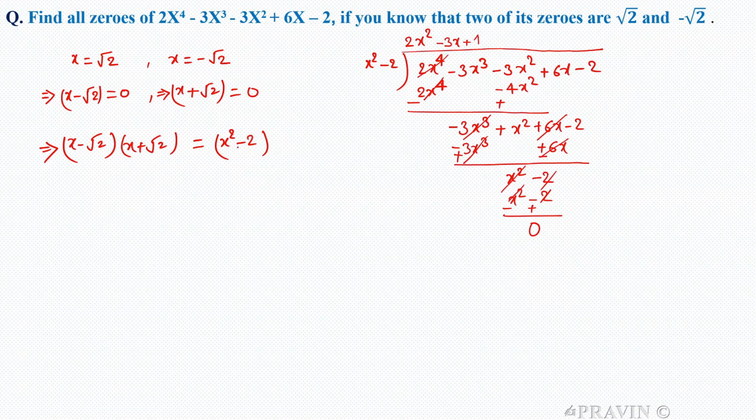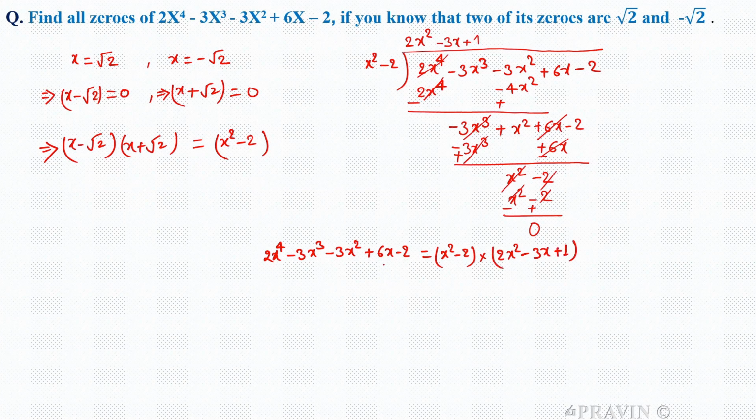After dividing by x square minus 2, you have got another polynomial which is 2x square minus 3x plus 1, and from the division algorithm you can write 2x to the power 4 minus 3x to the power 3 minus 3x square plus 6x minus 2 is equal to x square minus 2 into 2x square minus 3x plus 1.